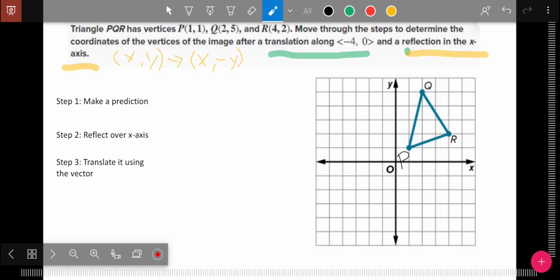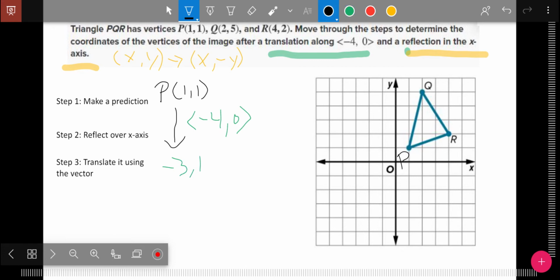So I have to break this through the steps, and I look at the points individually. P, (1, 1), is first going to go through the change of the vector -4, 0, and that makes P now (-3, 1).